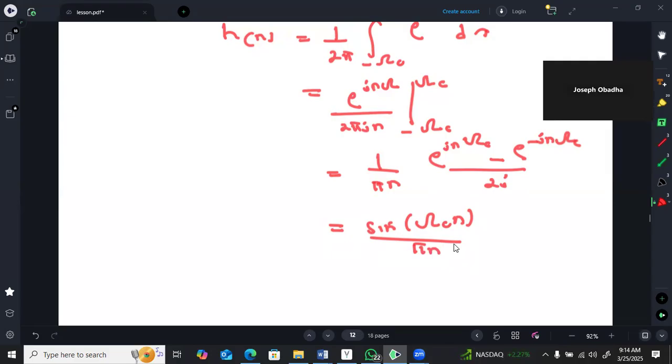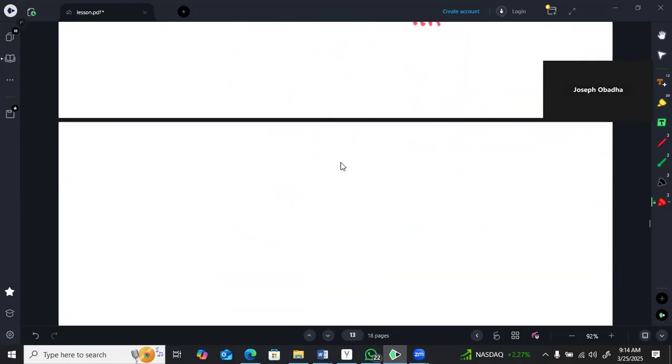So the desired impulse response of the filter, we can sketch it. You can see this will take the shape of a sinc function, so that if I sketch the desired impulse response, then what I will have will basically look like this.